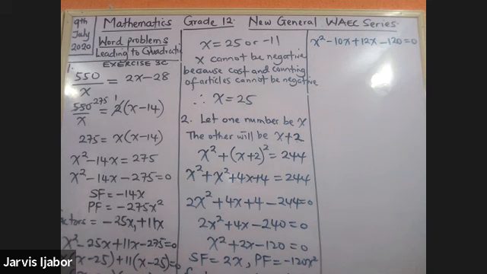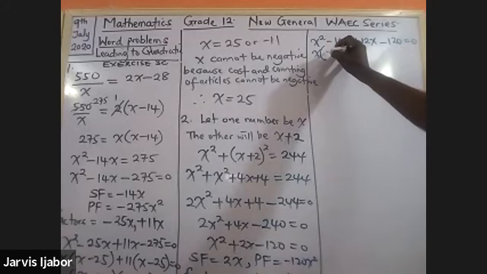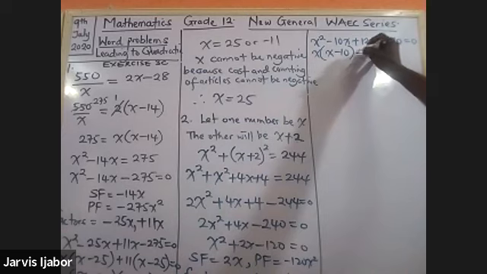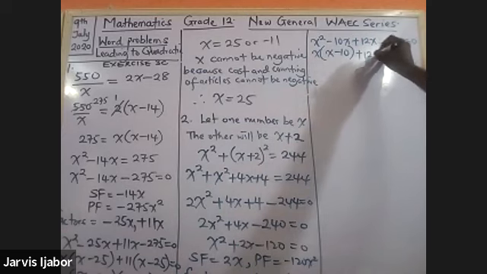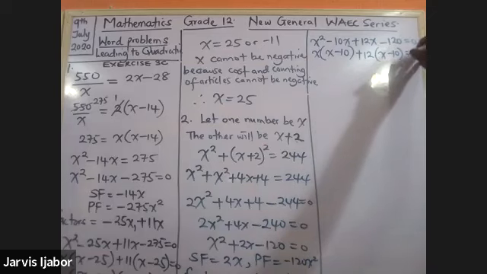So that's what you're going to have. At this point, we will now see x into x minus 10 plus 12 into x minus 10 equal to 0.